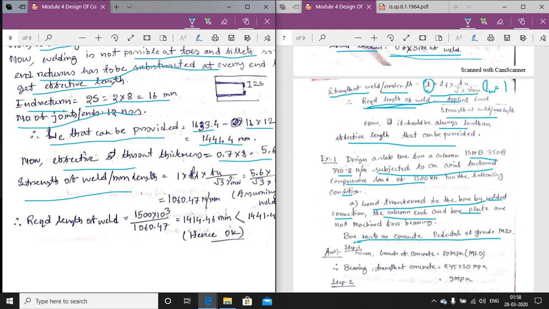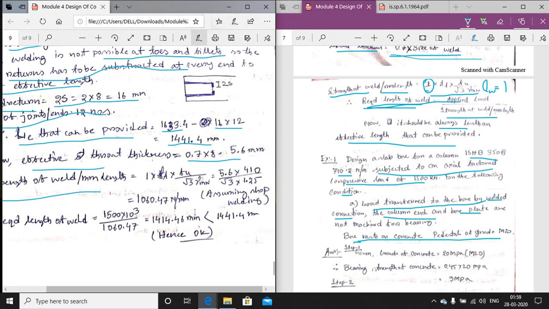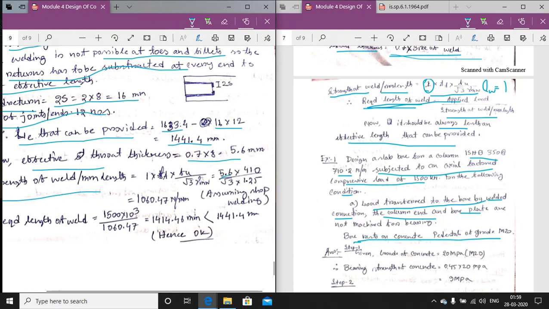So 5.6 into 410 by root 3 into 1.25 for shop welding, assuming we are using shop welding. For shop welding the value is 1.25, and for site welding the value is 1.5. So it is taken as shop welding. So it is 1060.47. It is the strength of the weld.